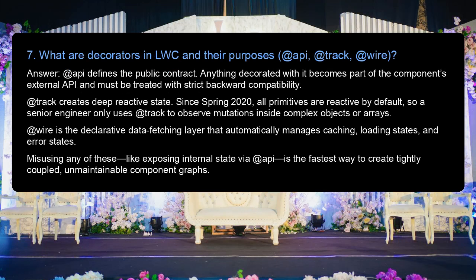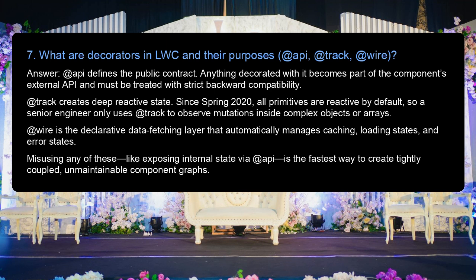7. What are decorators in LWC and their purposes? @api, @track, @wire. Answer: @api defines the public contract. Anything decorated with it becomes part of the component's external API and must be treated with strict backward compatibility. @track creates deep reactive state.